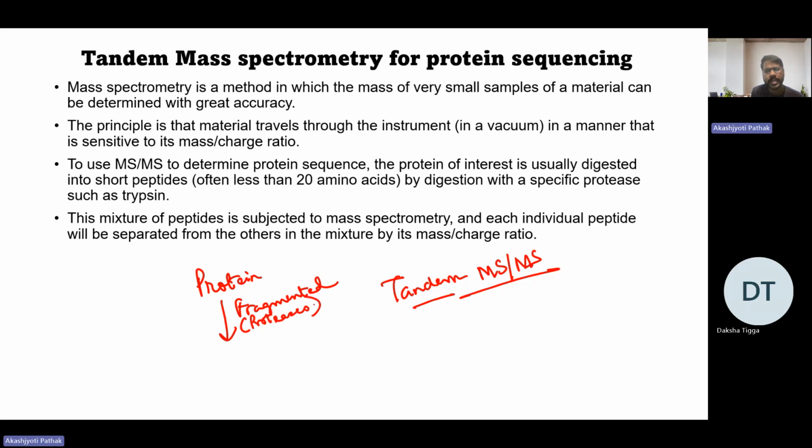The most common protease used is trypsin. Once you treat it with protease, you will get different peptide fragments, which will be made to pass through the mass spectrometer instrument.